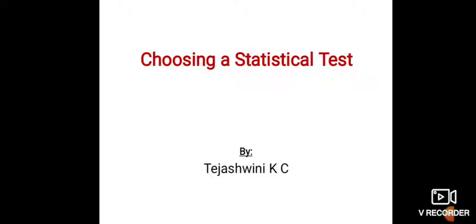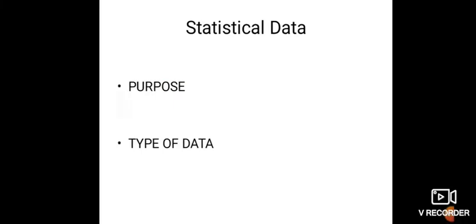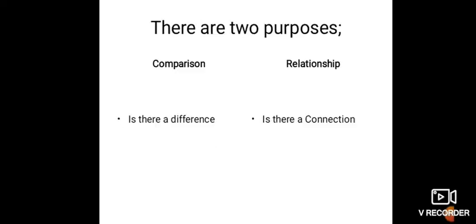While choosing a statistical test, it will always depend on two things, that is the purpose of the data and the type of data. There are two types of purposes: one is comparison and another one is relationship.